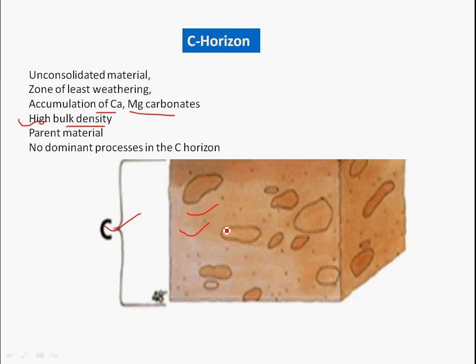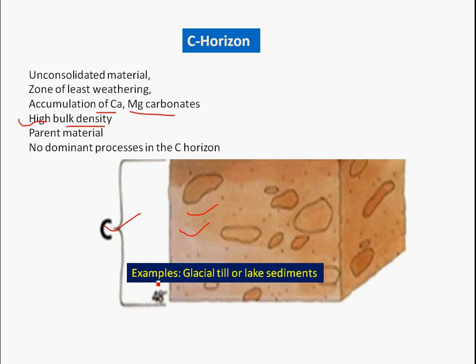So this is the first stage of horizon formation. For example, you can find this type of soil in glacial till or lake sediment; these are examples of the C horizon.